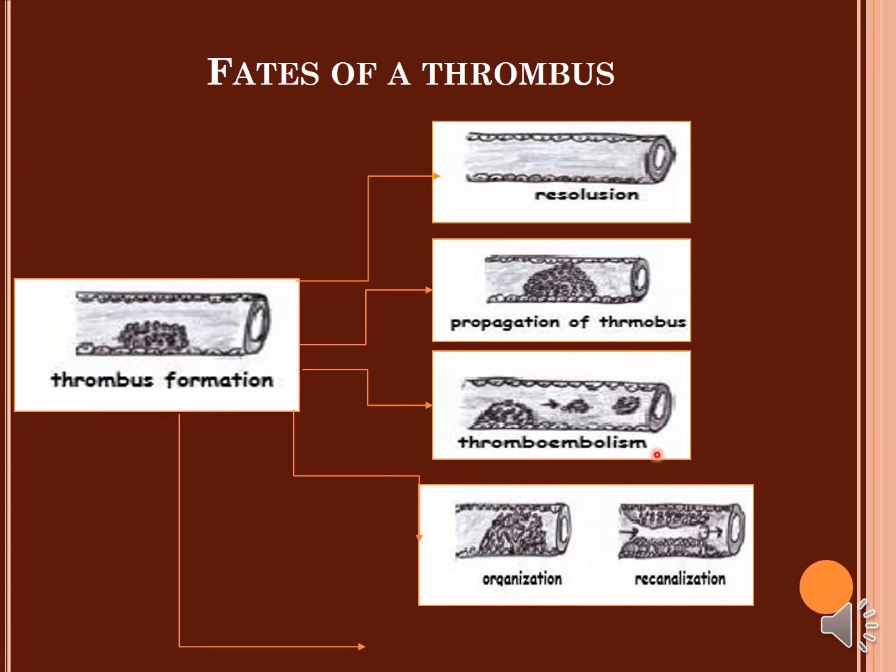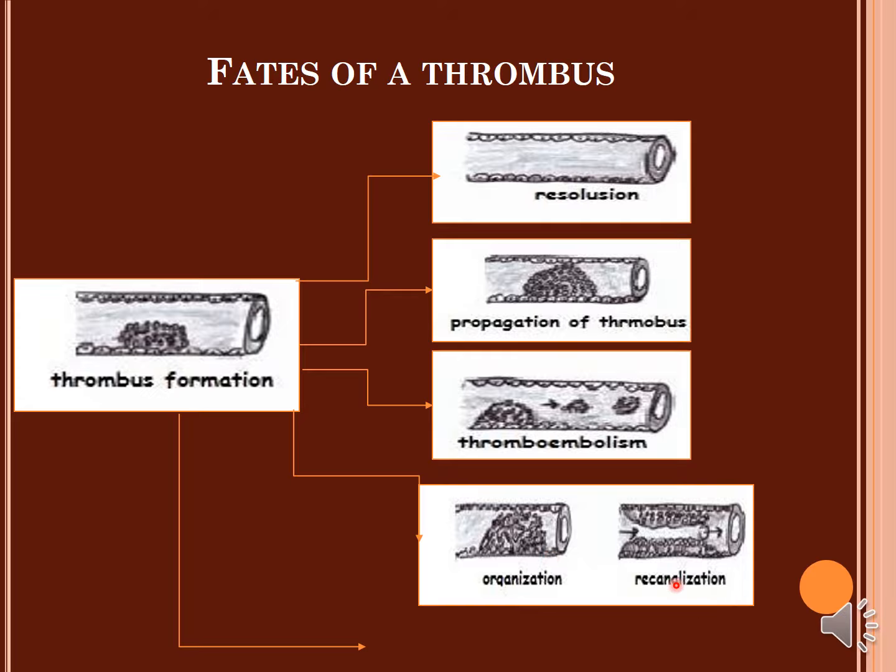Fourth fate, organization and possibly recanalization. We mean by organization that the thrombus might induce inflammation and fibrosis. So the process of coagulation is followed by inflammation and fibrosis. This might affect the vessel wall diameter. Sometimes it might lead to complete occlusion of the affected blood vessel. Now, organization is produced by ingrowth of cells, including endothelial cells, smooth muscle cells, and fibroblasts into the fibrin-rich thrombus.